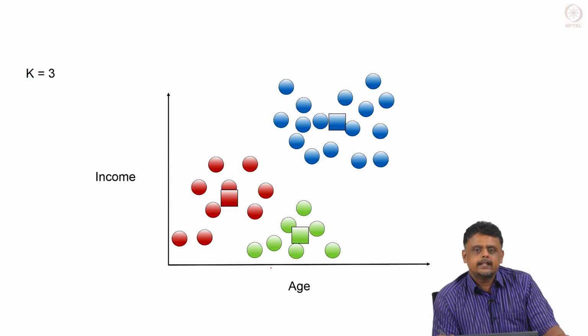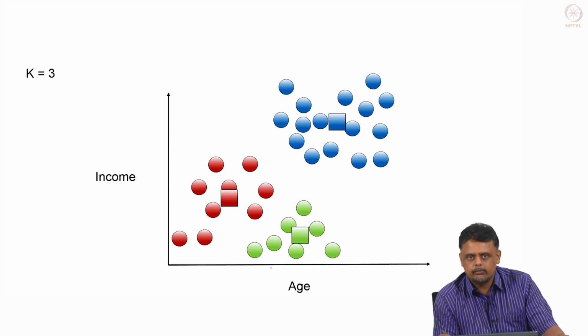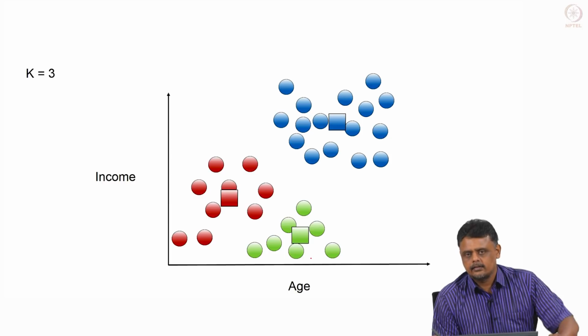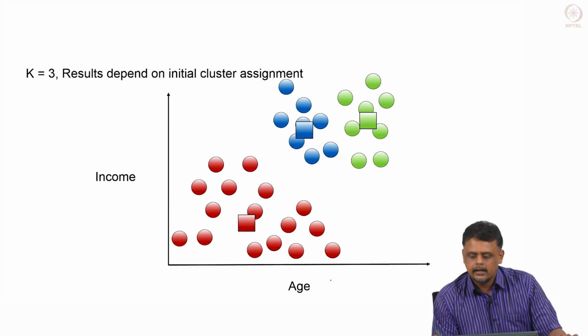We can also set k equal to 3 and do the same calculation as we outlined before, and we can get 3 clusters, in this case red, blue and green. The problem with K-means is that it is very sensitive to the initialization. We can have a completely different initialization of the cluster centers and end up with a different clustering.